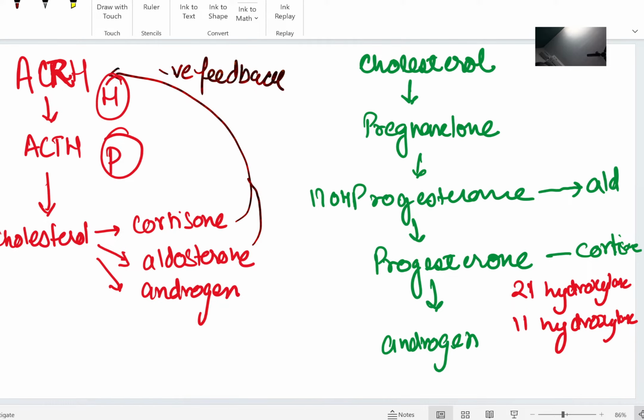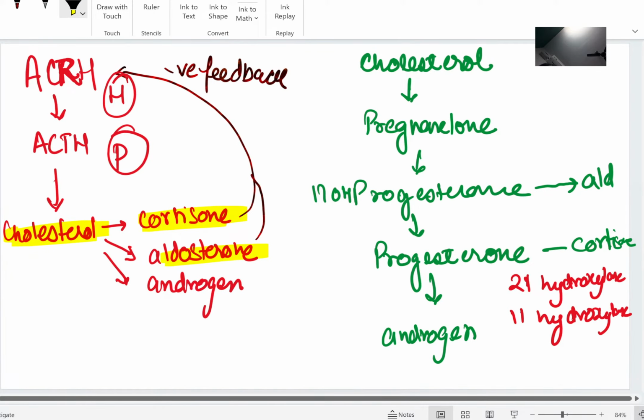Then this ACTH, what does it do? It changes cholesterol into cortisol, aldosterone and androgens.